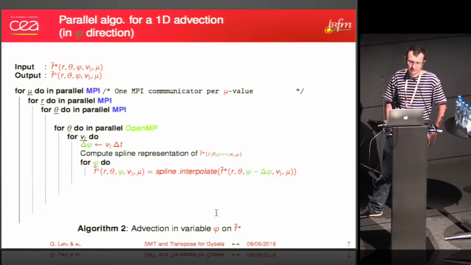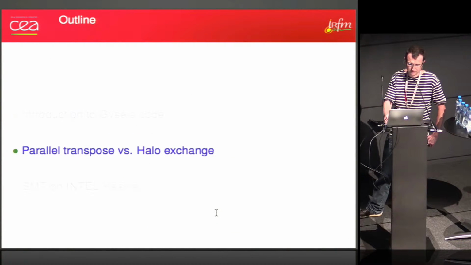And then inside, three main computations: computing the displacement, delta phi, then computing the spline representation of the distribution function along the phi direction, and then we interpolate, taking care of the displacement and of the spline coefficients in order to advance in time. A very simple example to show how it works.